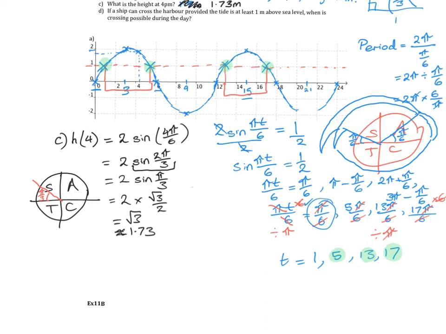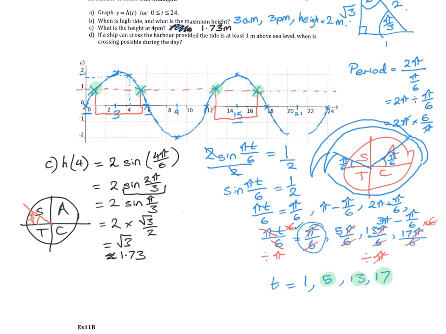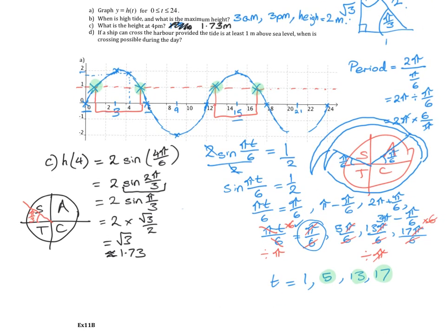So to answer the actual question: if a ship can cross the harbour when it is at least 1 metre above sea level, when is crossing possible?